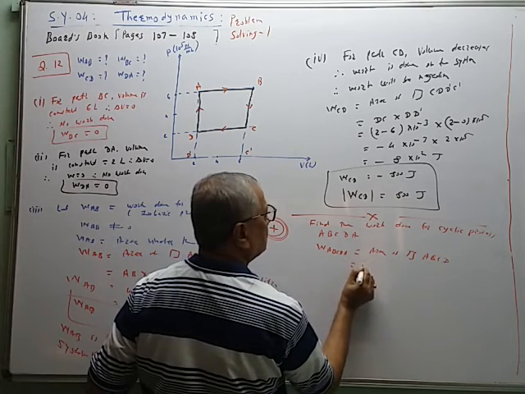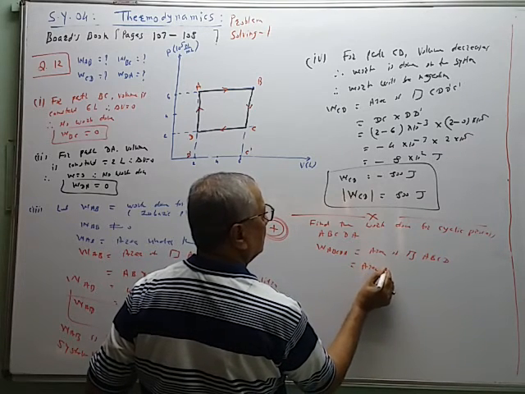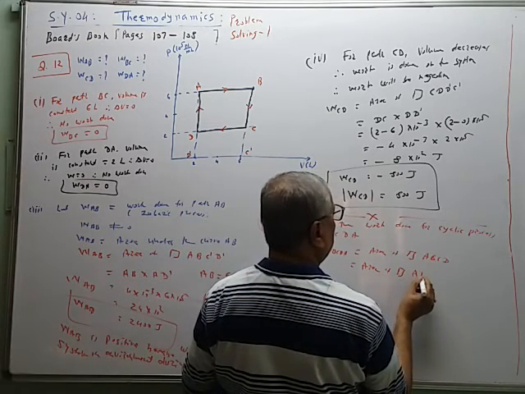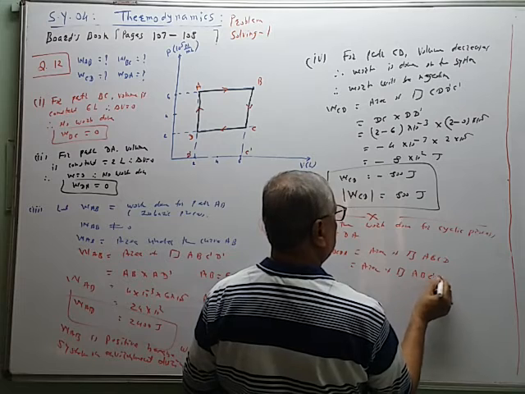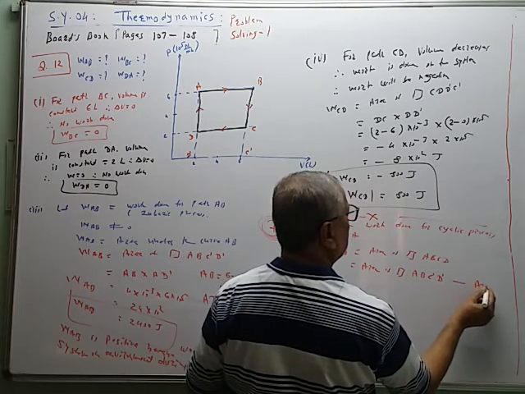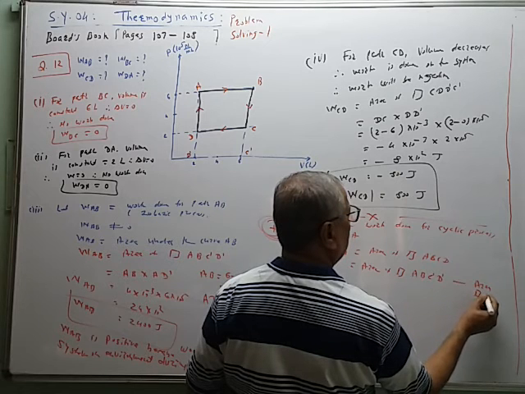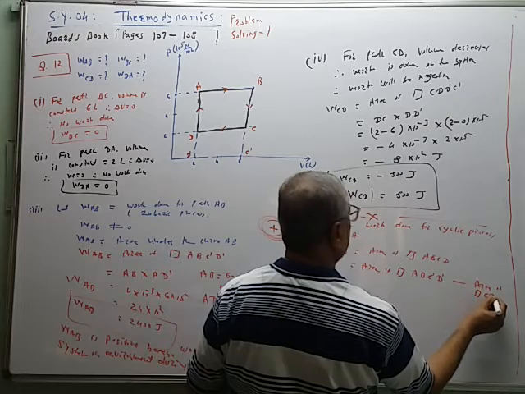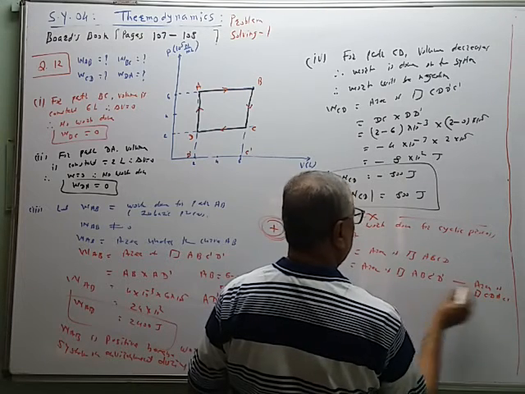So this is equal to area of the rectangle A B C dash D dash minus area of the rectangle C D D dash C dash.